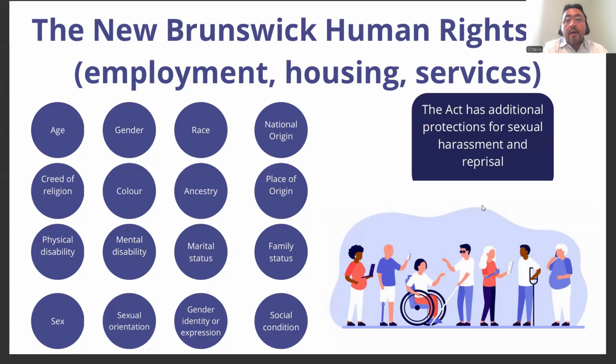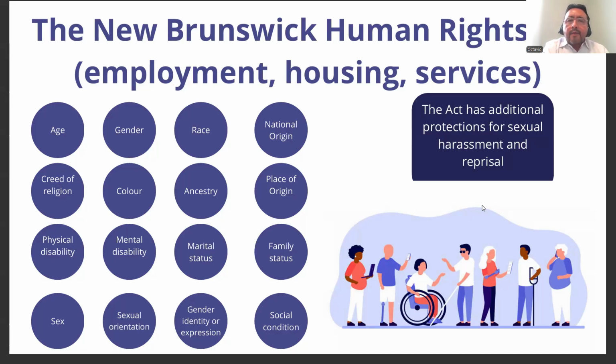Age, gender, race, national origin, creed or religion, color, ancestry, place of origin, physical disability, mental disability, marital status, family status, sex, sexual orientation, gender identity or expression, and social condition.